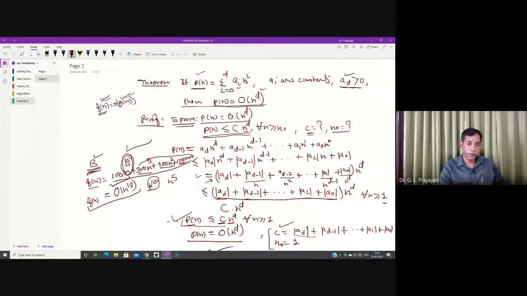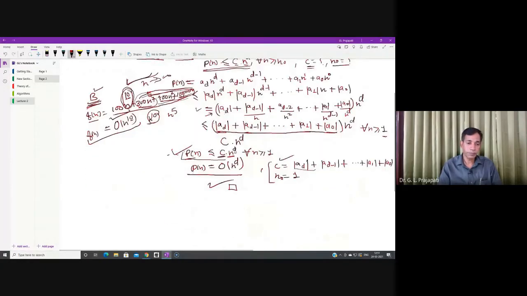These values are dominated by the effect of the large value of this, because once n tends to infinity, the rate of growth of n raised power 10 is very high, and this will dominate the effect of the rest. These are the lower order terms. So that's why, by intuition, whenever you come to know of operations in terms of a polynomial, you just say what is the highest degree of this polynomial, and you just need to write the highest degree.